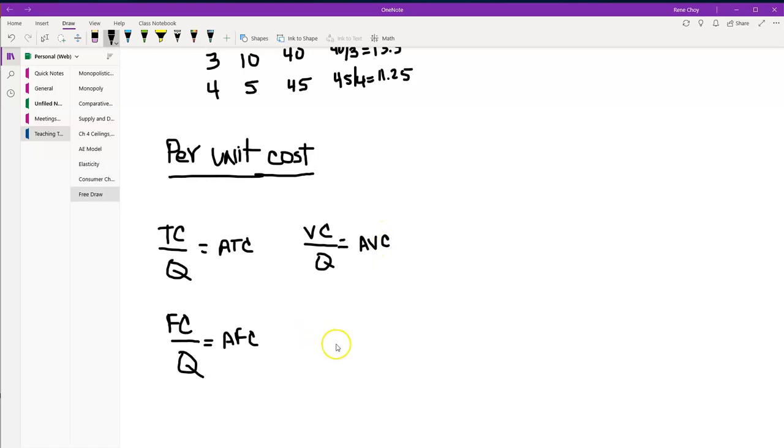And then we can talk about marginal cost, which is the change in total cost of one unit of production. So it's total cost at unit n minus total cost at unit n minus 1, divided by Qn minus Qn minus 1.